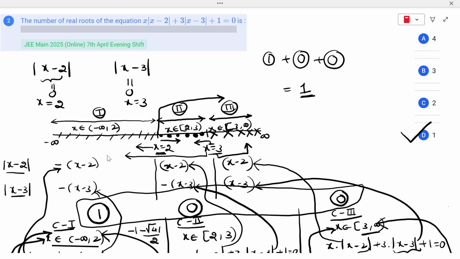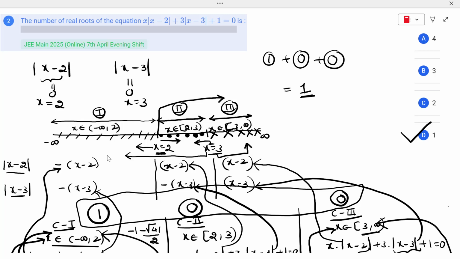How can we check that it is a valid root or not? Whatever root we got, if it is in the proper x values of the given region, then that is a valid root. So make sure that whatever root you got under a certain region, check if it is valid or not. Then finally count the number of real roots.